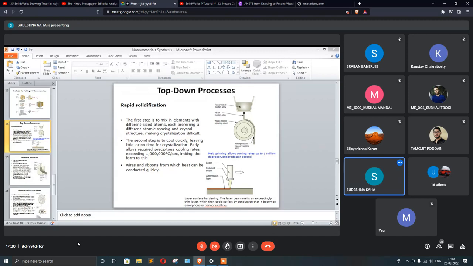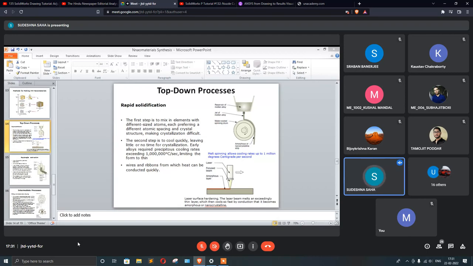Also, if you go for the alloys used in aerospace, which are mostly aluminum, magnesium, and titanium based, they are strengthened by precipitates with a dimension range of 10 to 100 nanometers.